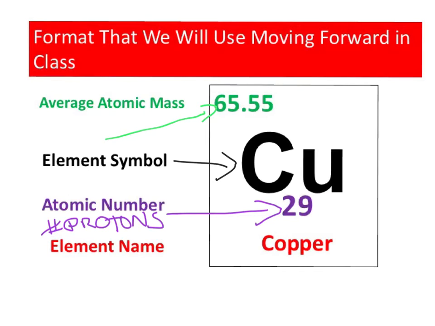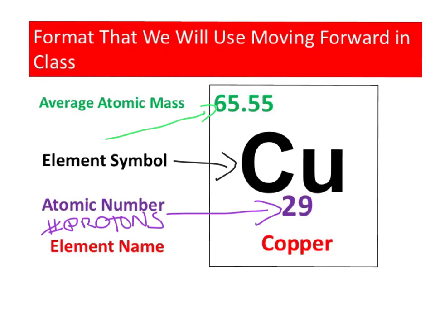So the rule of thumb I always tell is the atomic number is always the smaller of the two numbers. When in doubt, look for the smaller number on your element symbol.